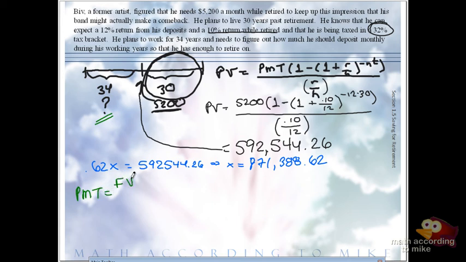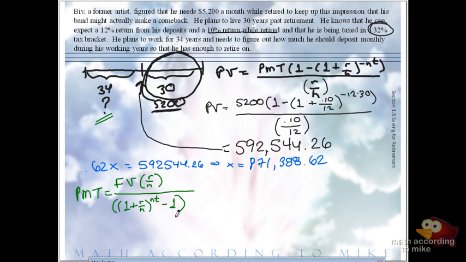you have FV times R over N over 1 plus R over N to the NT minus 1. So one more time.